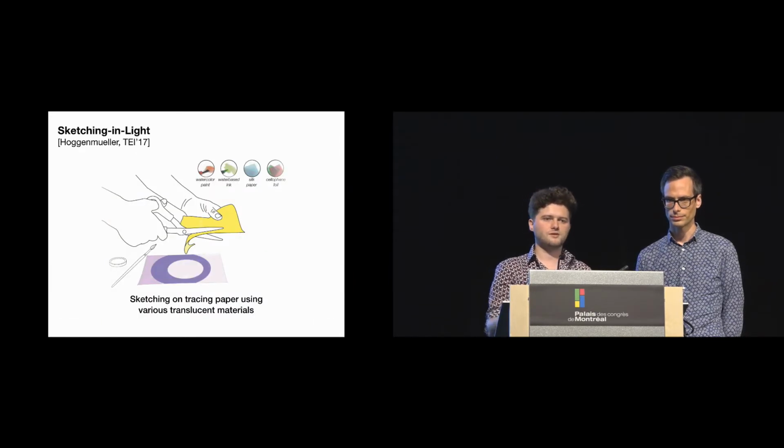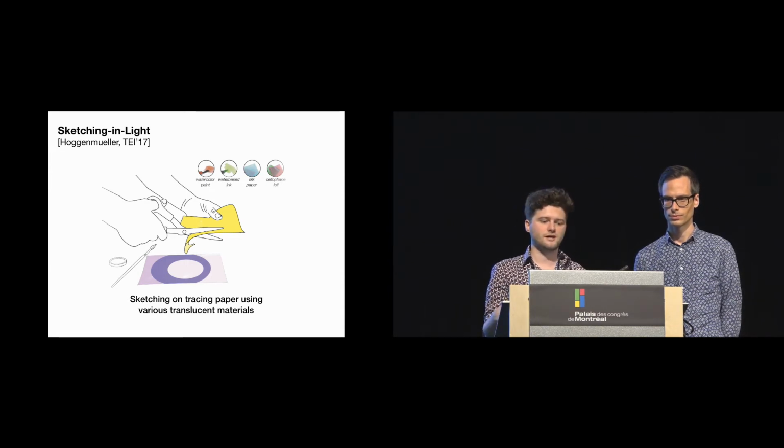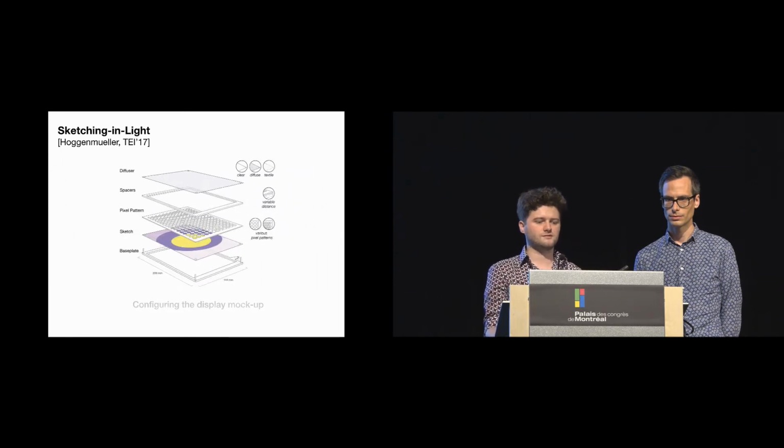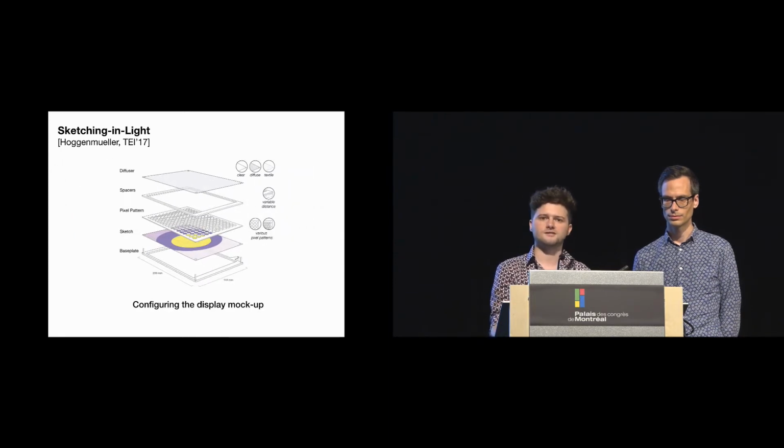So during this user-centered design process, we developed a toolkit that allows you to sketch low-resolution visualizations at a paper prototyping level, using various translucent materials such as watercolor paint and water-based ink. We then created different physical overlays that you can use to simulate different pixel patterns and lighting qualities.